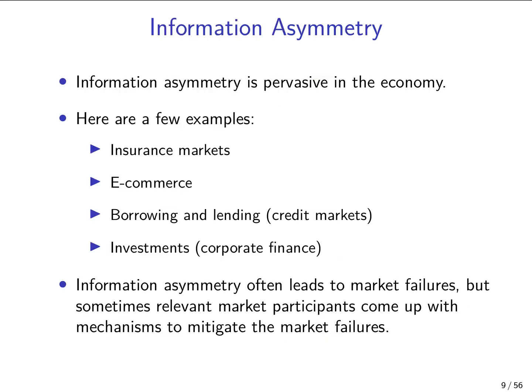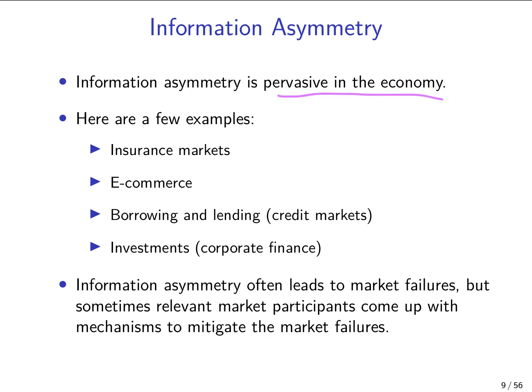So we focus on used cars in our example because that's a salient market with pretty striking quality uncertainty. But it turns out that information asymmetry is pervasive in the economy. Right?